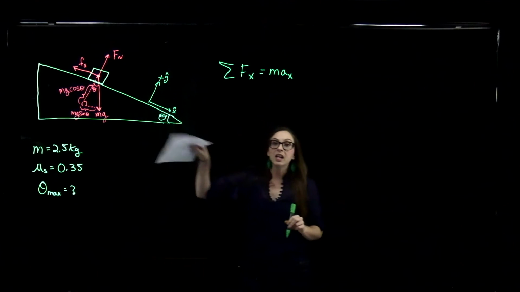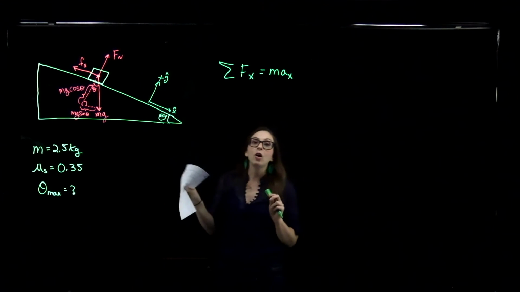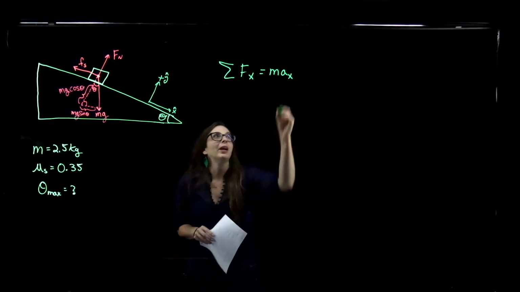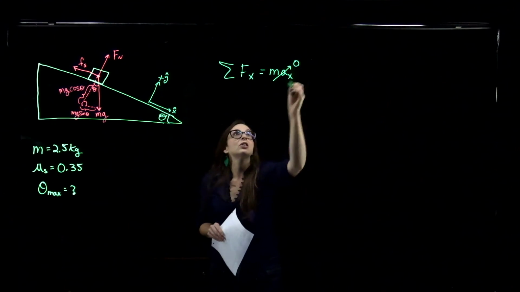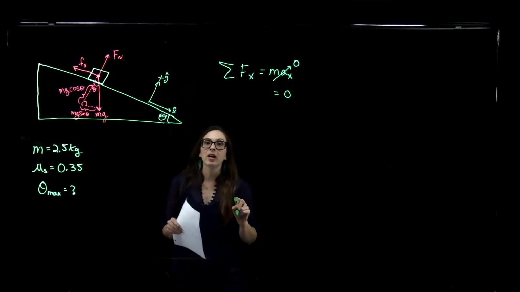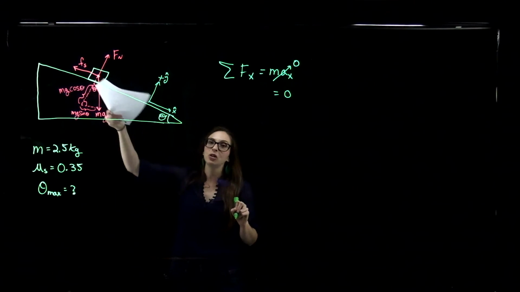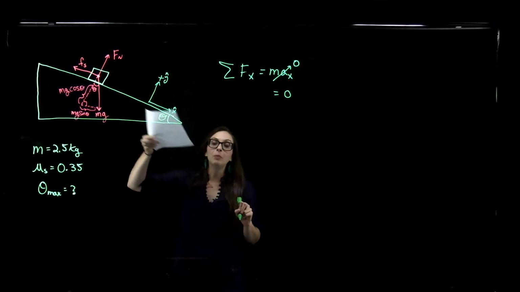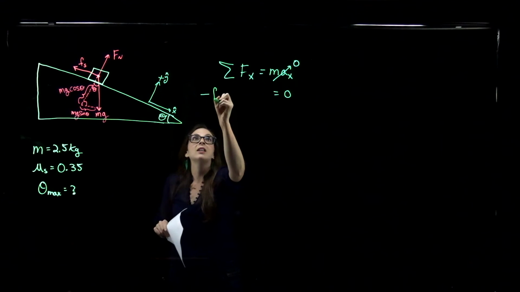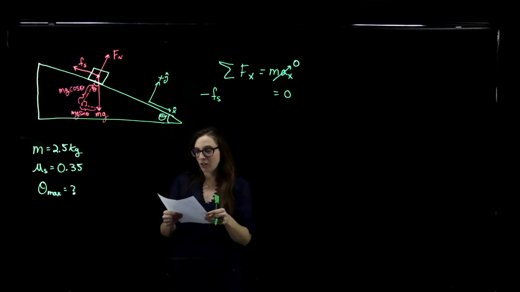But we're not going to accelerate yet. We're going to find the angle just before our object starts accelerating down the ramp. So right now, our acceleration is 0, okay? And then our forces in the x direction, we've got the static friction force acting opposite the direction of motion. That's going to get a minus sign, so minus the force of static friction.